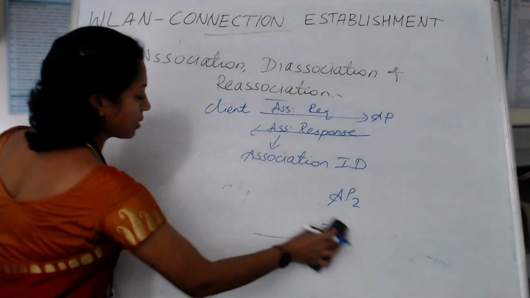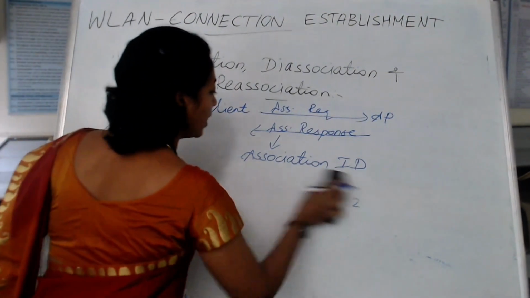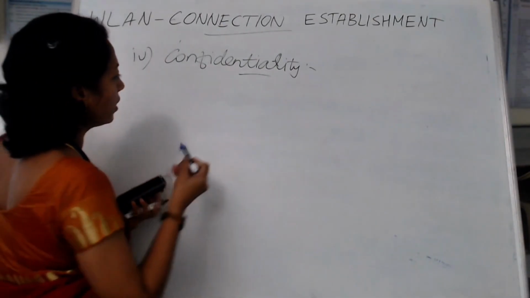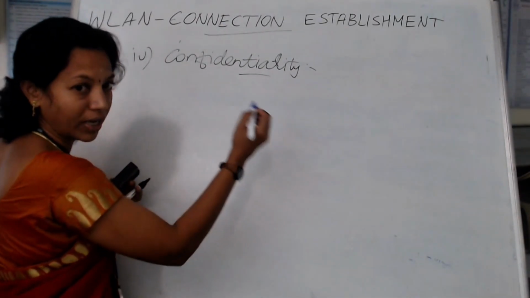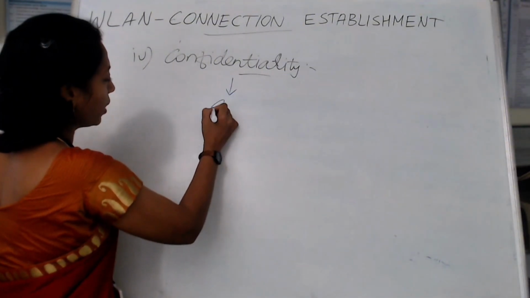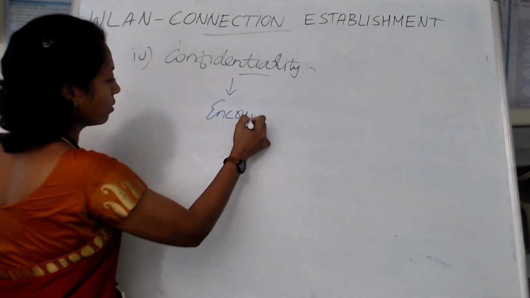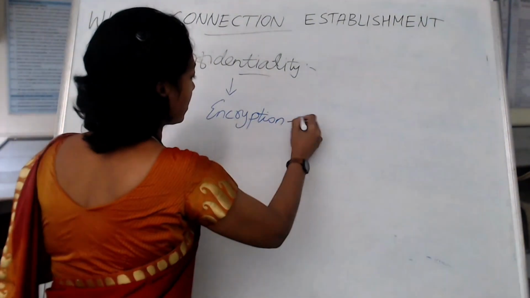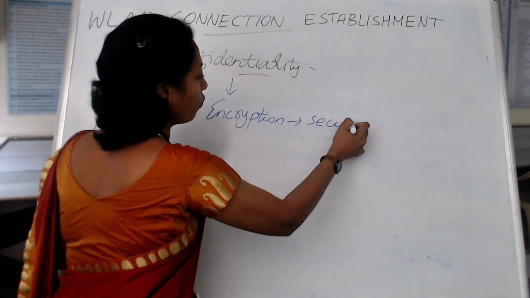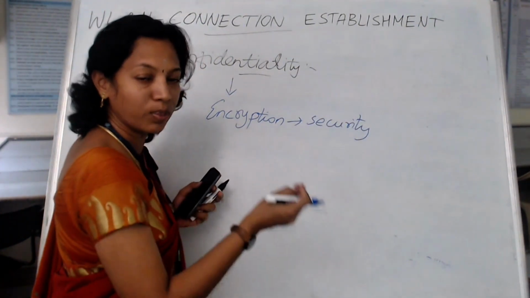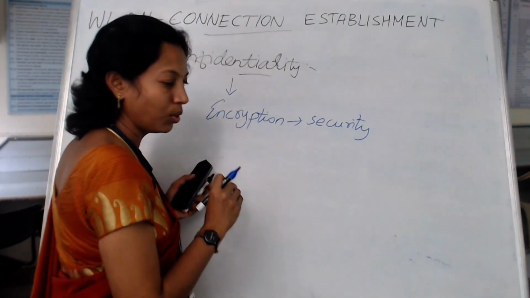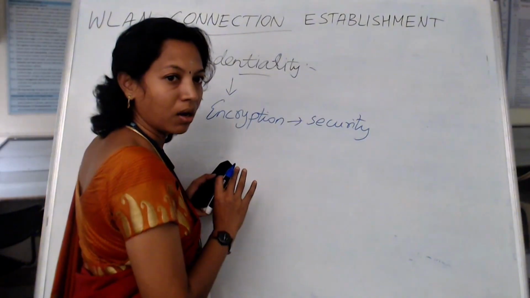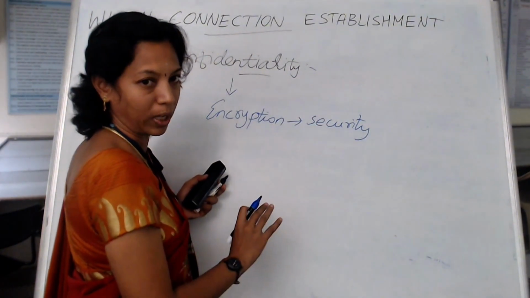The next step is confidentiality. We can ensure the confidentiality of the data transfers by doing encryption. Depending upon the Wi-Fi standards, we can choose the encryption policies so that the communication will be done in a secure way.